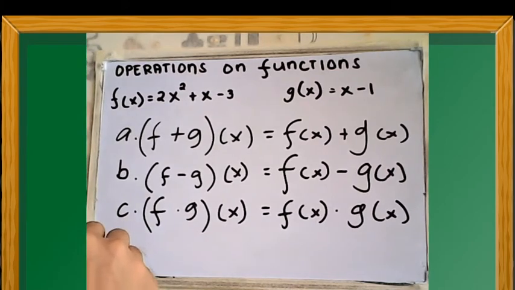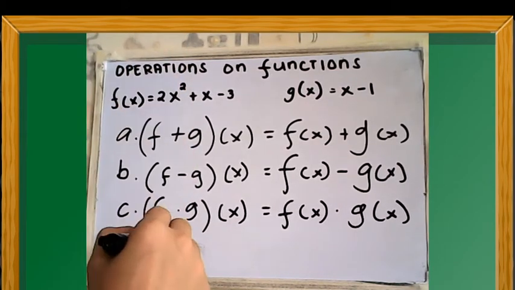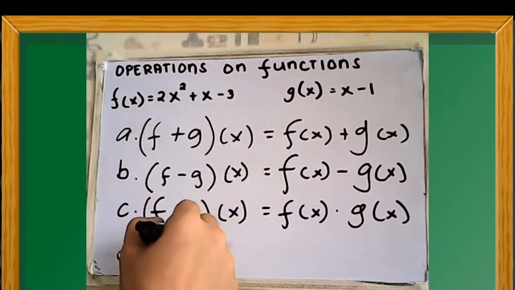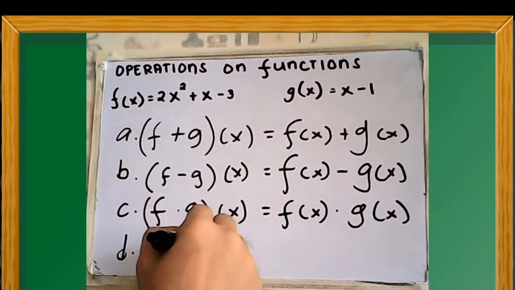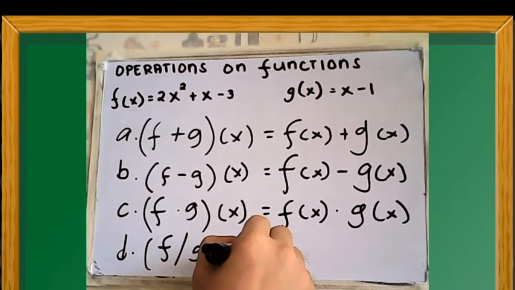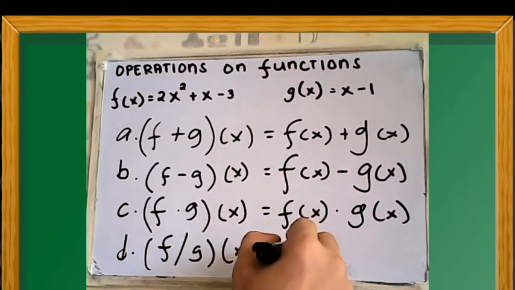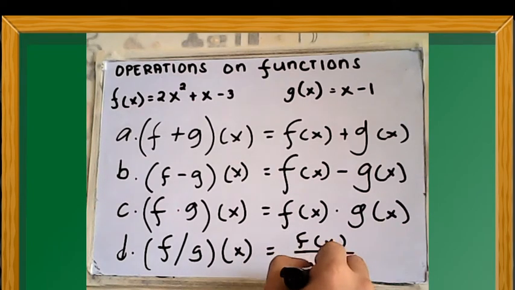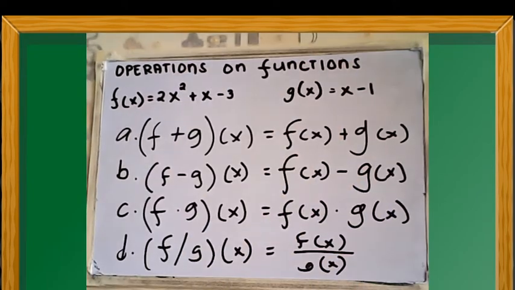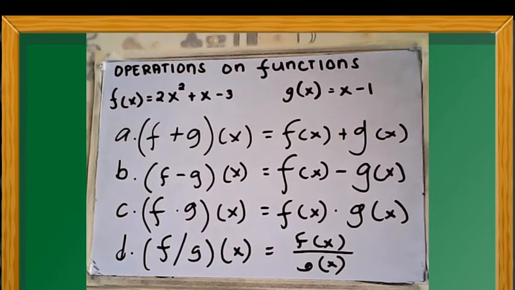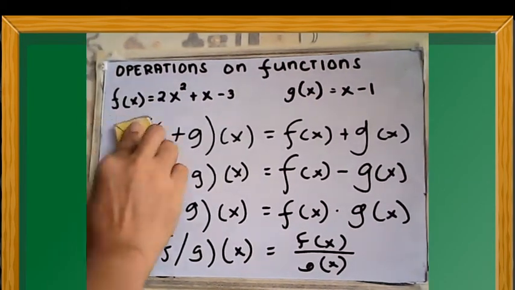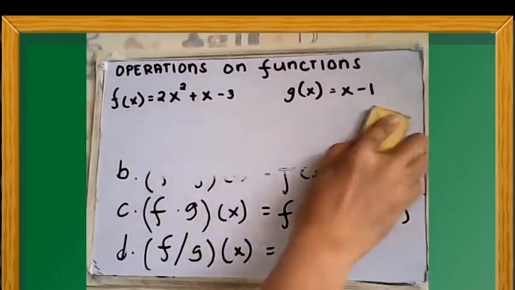And then for the last example, we're going to divide f over g of x. So that is the same with f of x over g of x. So we will be having each example per operation.